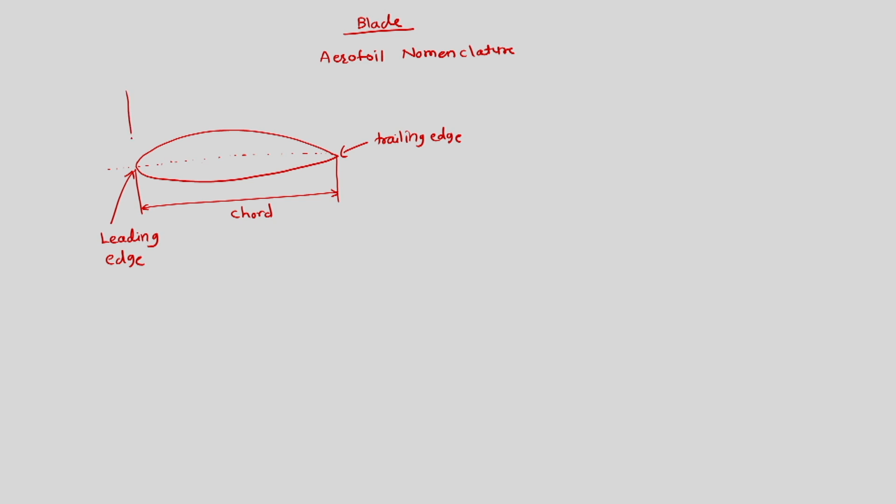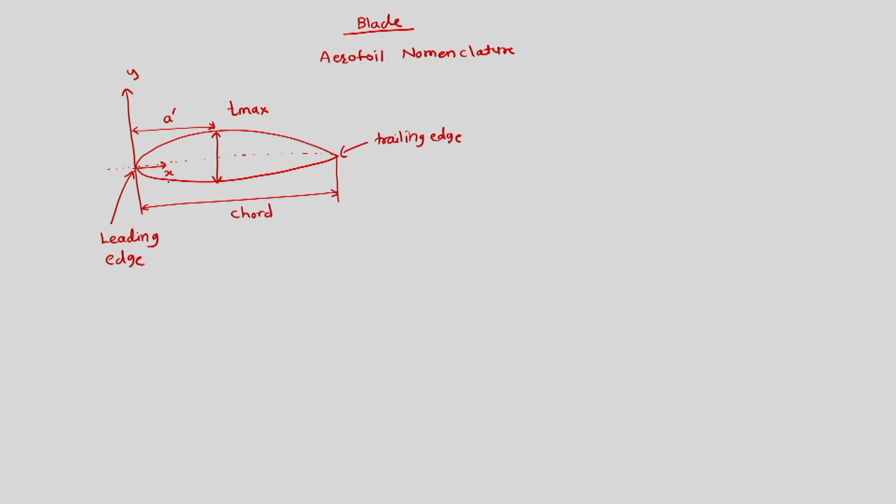So this, if we take it as y axis, and this as x axis, then this is the location of maximum thickness, and this maximum thickness is going to appear at a particular distance, say a dash, and then this is chord.